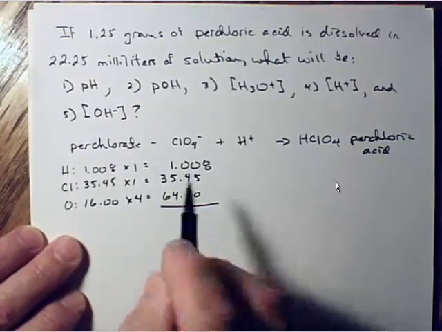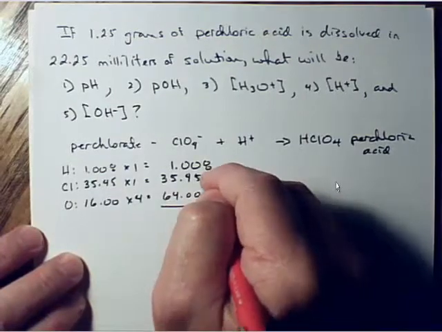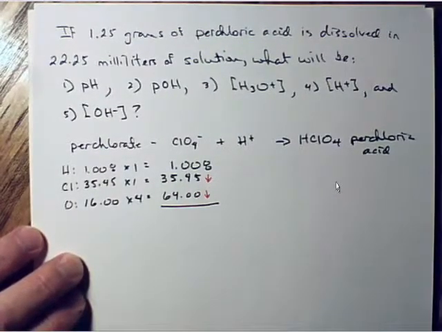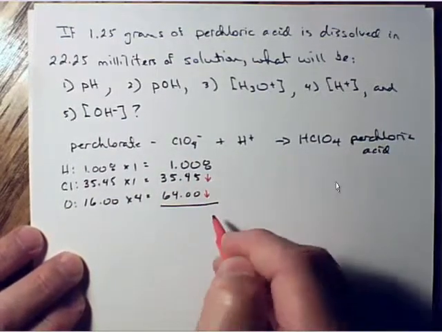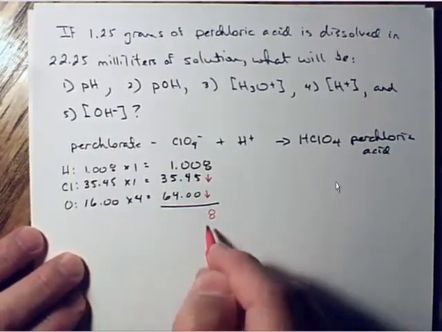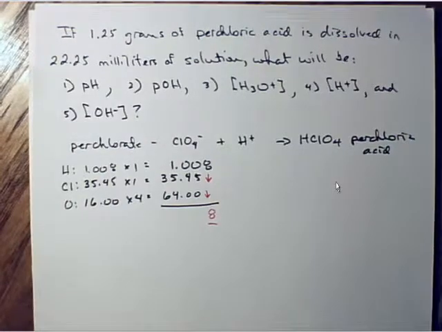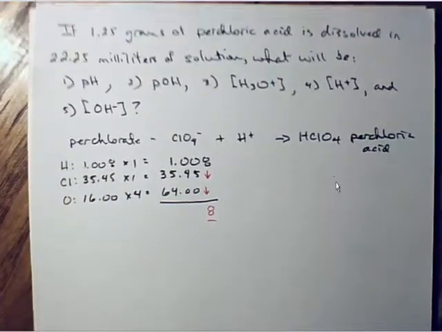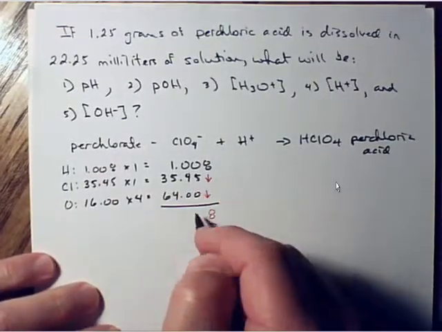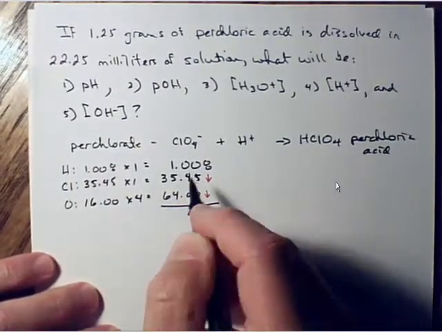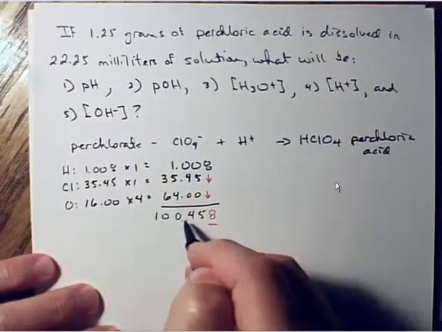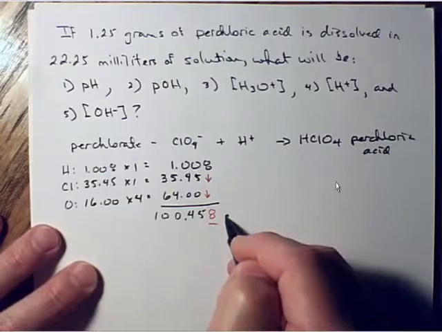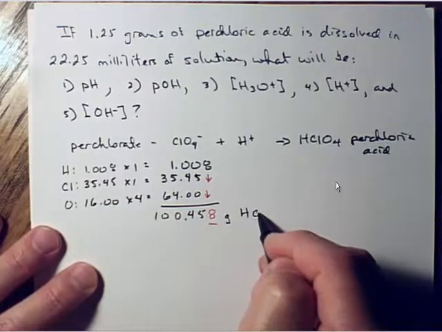Now we're going to add all these together. Remember, there are empty slots over here on the right, or an empty slot with each number. So the digit that results from adding this to everything, this 8, is going to be underlined. It's going to be insignificant. So this is grams of perchloric acid.